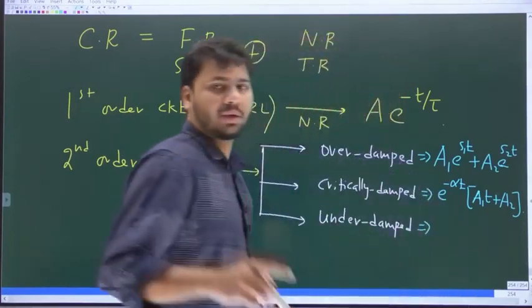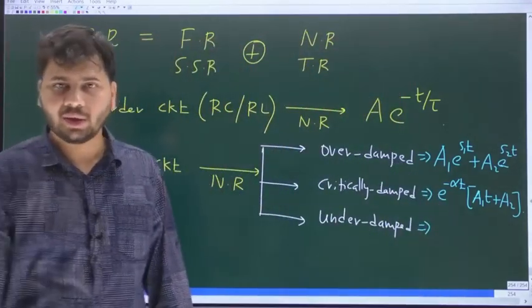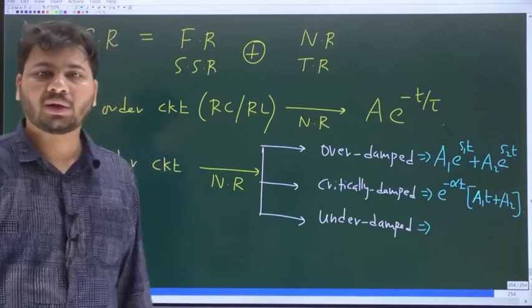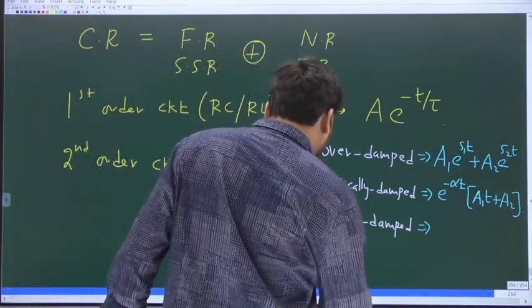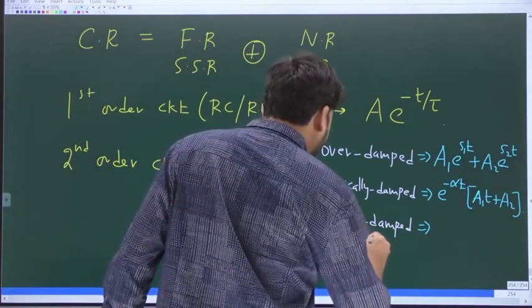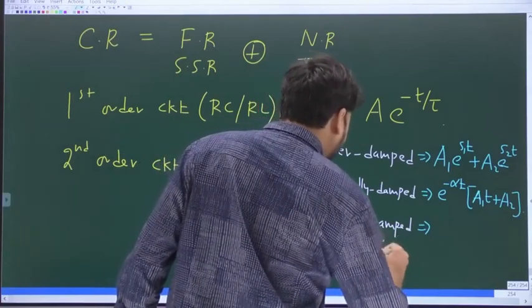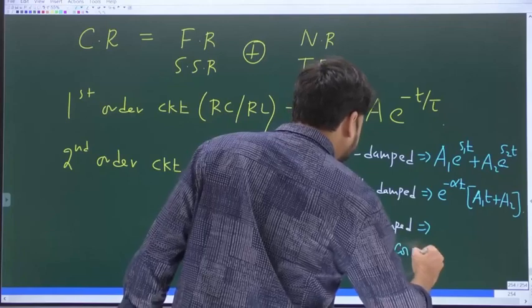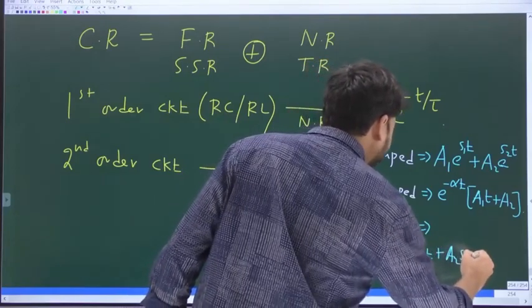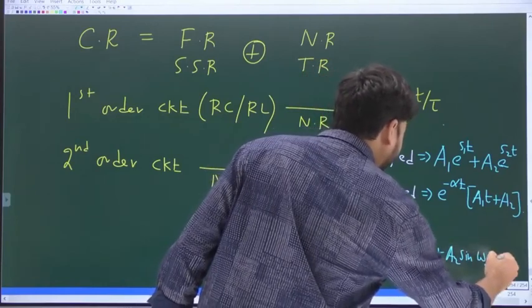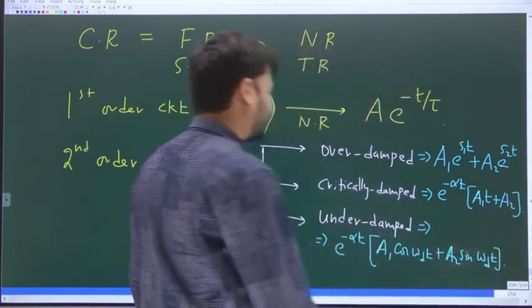It will be oscillatory in nature, but the amplitude of oscillation will continuously decay with time. So in fact, for the underdamped case, it will be e power minus alpha t times a1 cos omega dt plus a2 sin omega dt.